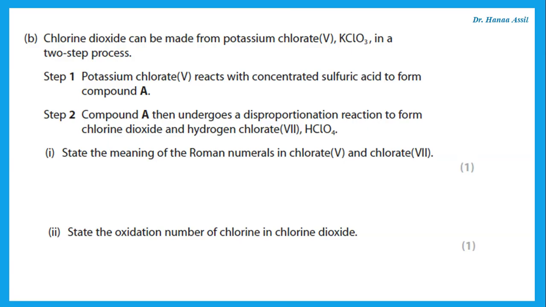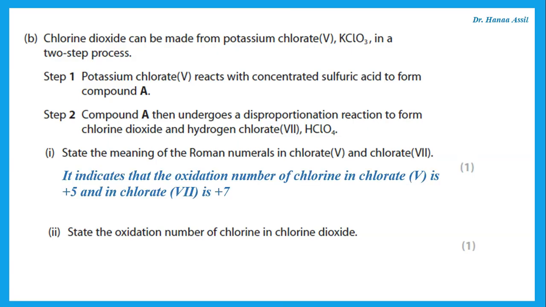State the meaning of the Roman numerals in chlorate(V) and (VII). What does that stand for? These indicate the oxidation numbers of the chlorine. So when we say chlorate(V), that means that the oxidation number of chlorine is +5, and VII, of course, is 7. So this indicates that the chlorate has an oxidation number of +7.